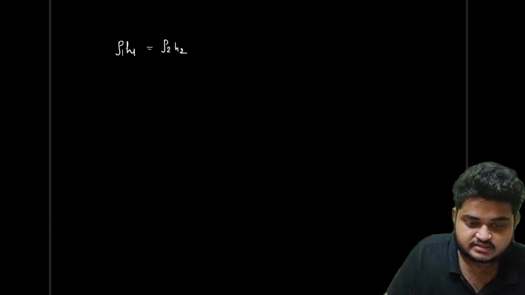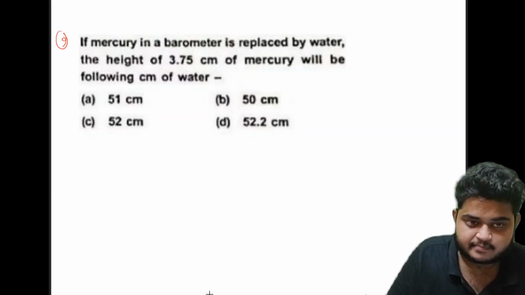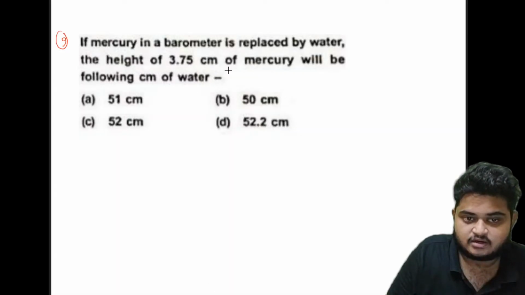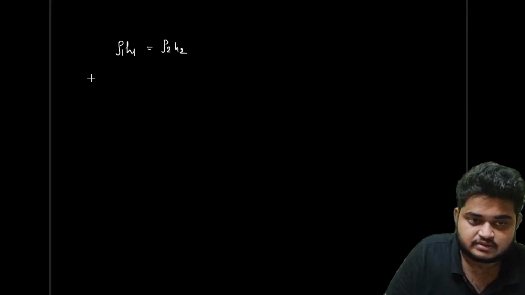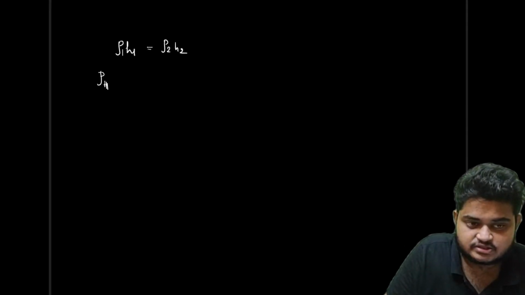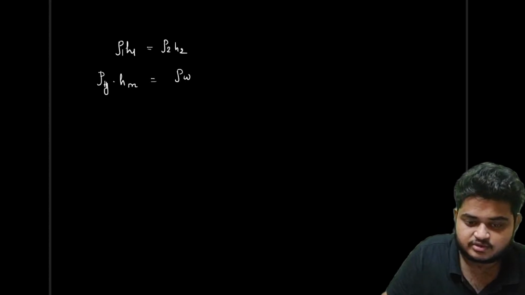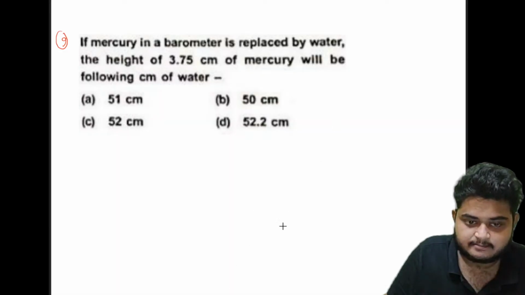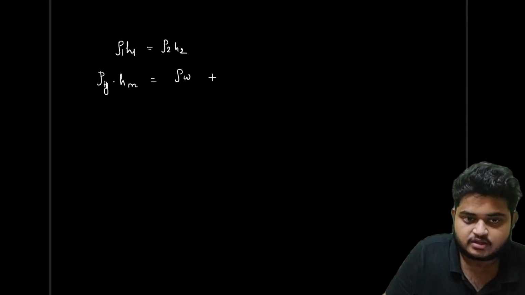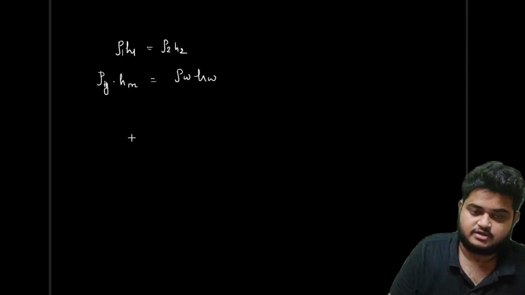So in this case, the height of the mercury is given as 3.75. So let us name this as rho Hg into H of mercury is equal to rho of water, because we are replacing that by water, right? Yes, so rho of water into the height of water.